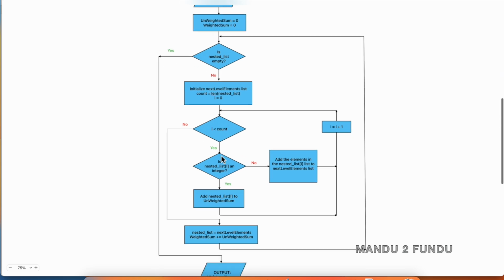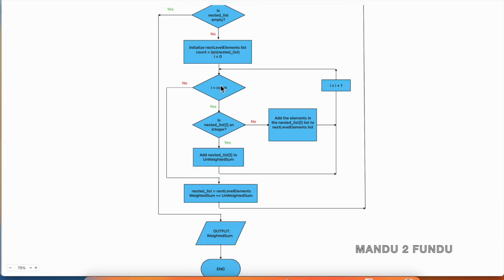Then we process the individual elements in the current list. If the current element is an integer, then we add it to the unweighted sum. If it is a list, then we add all the elements in that list to the next level elements list. After processing all the elements in the current level through this for loop, we come out of that loop.